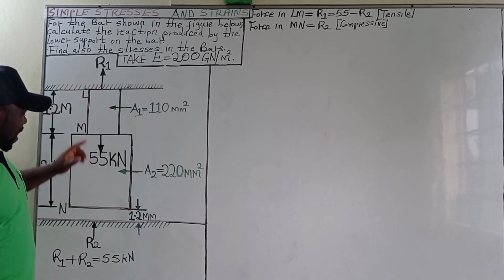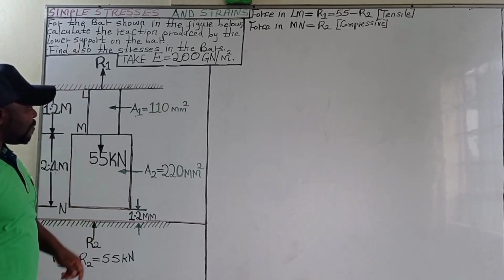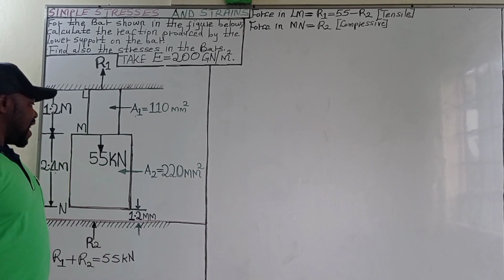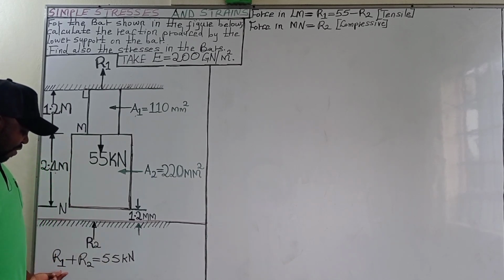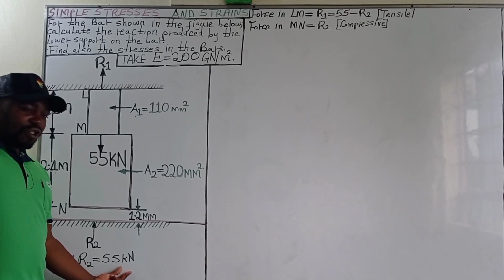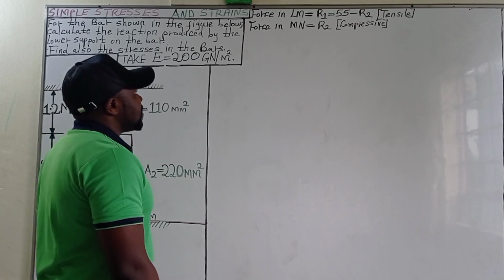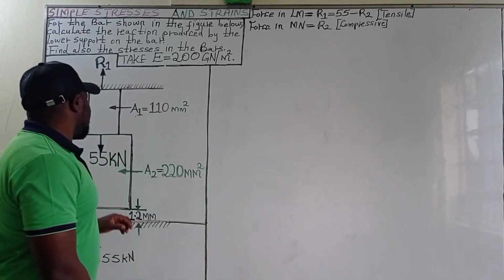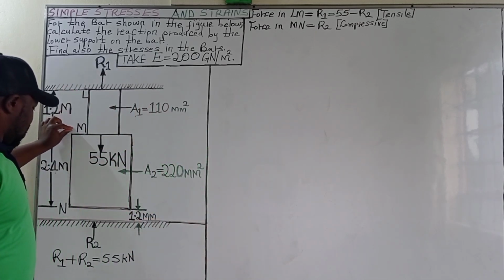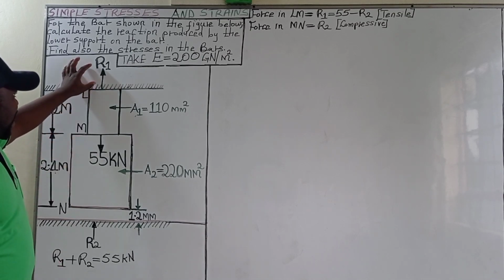So both R1 and R2 are upward forces, upward reactions. And that's why when we add the two reactions, they must give you an action force which is 55 kilonewtons. Now in this case, the total force in the bar LM will be, we have a reaction R1.